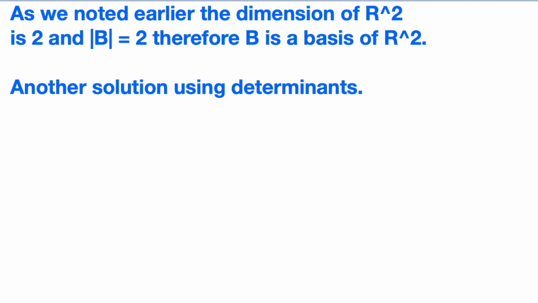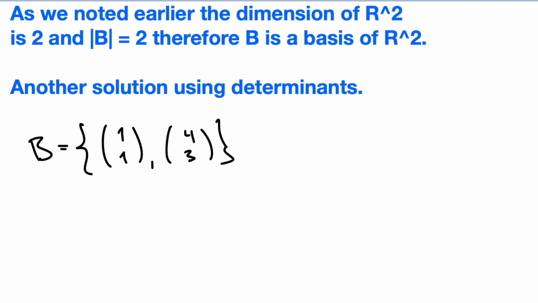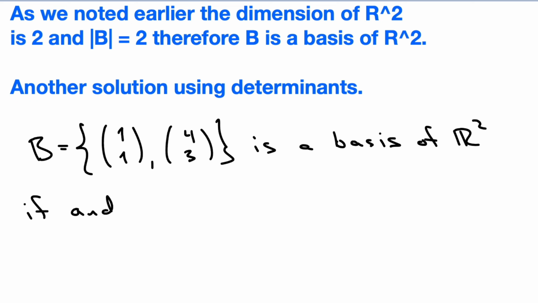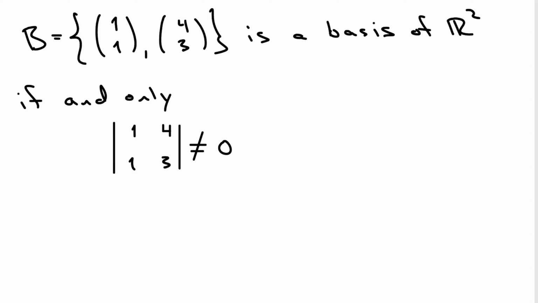So B equals (1, 1), (4, 3) is a basis of R2 if and only if, excuse my handwriting, the determinant of the matrix with entries 1, 1, 4, 3 is non-zero. So let's calculate the determinant.